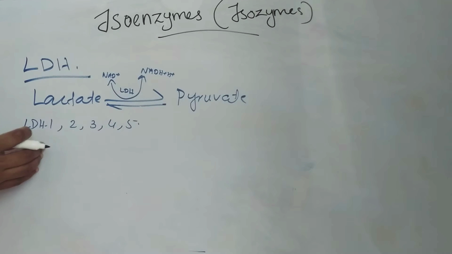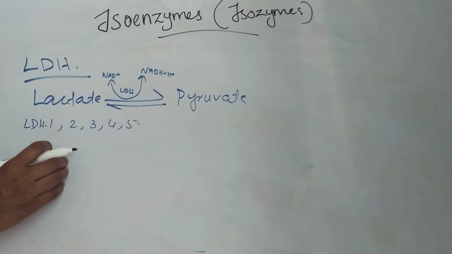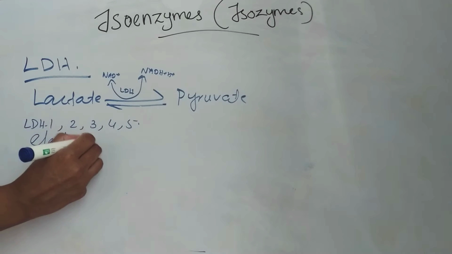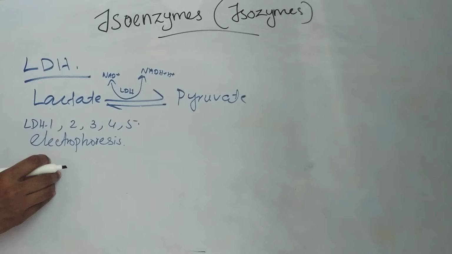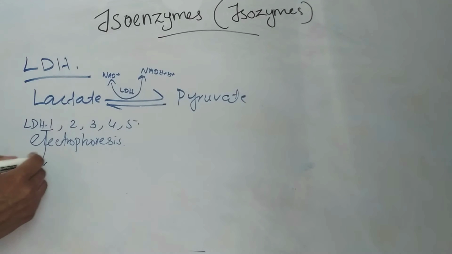All these isoenzymes catalyze the same reaction, the conversion of lactate to pyruvate. These different forms can be separated by electrophoresis. For example, LDH1 is the fastest moving fraction in electrophoresis.